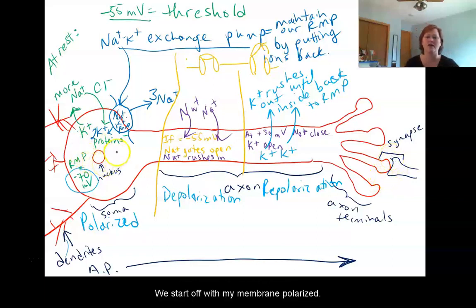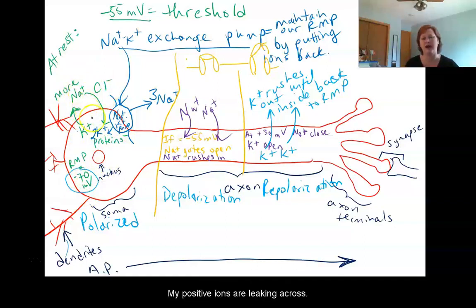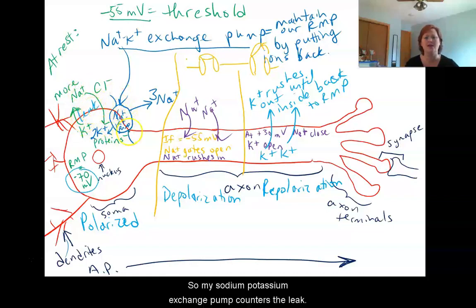All right, so let's look at it again real quick. We start off with my membrane polarized. The inside is very negative, and that's because of the balance between sodium and chloride outside and potassium and negative proteins inside. My positive ions are leaking across. So these guys leak. So my sodium-potassium exchange pump counters the leak, and that helps me to maintain this resting membrane potential.